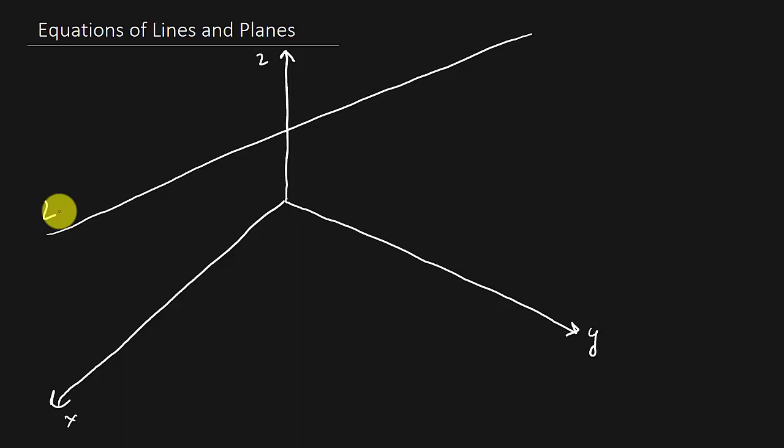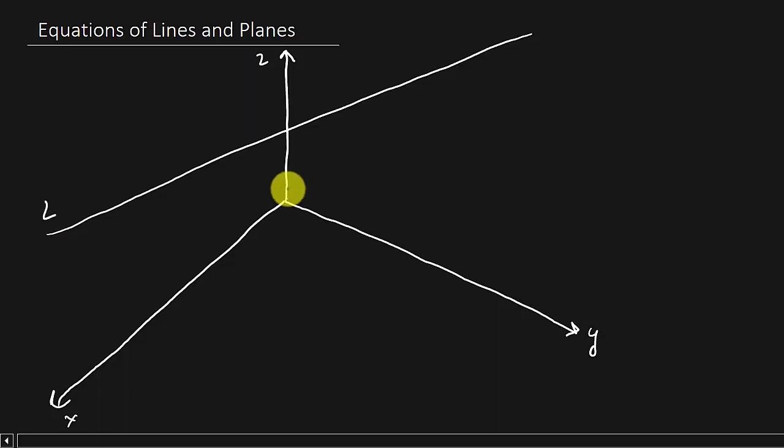So let's put a point on here. Let's do this in green. We'll call this vector here R0, R sub 0. And this is the point P0, which is X0, Y0, Z0.